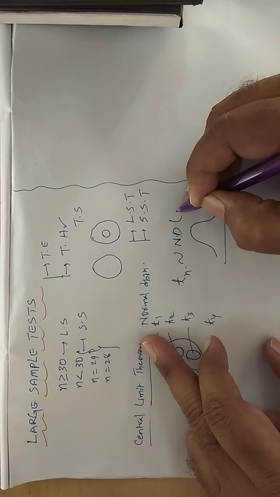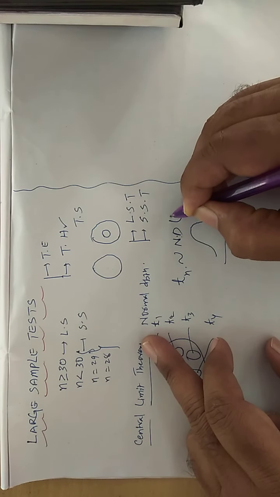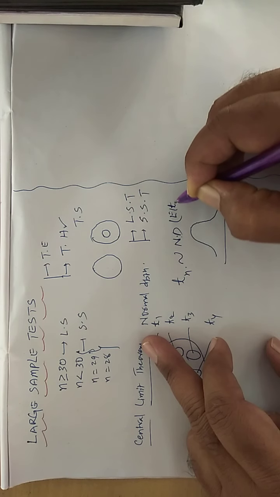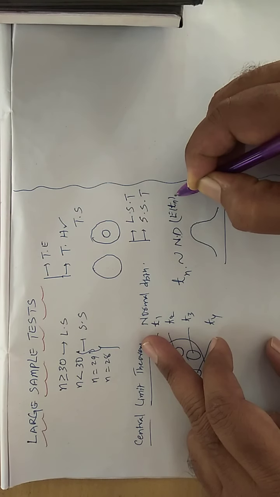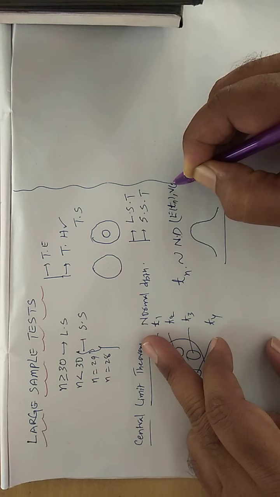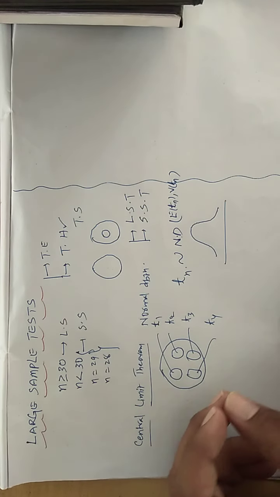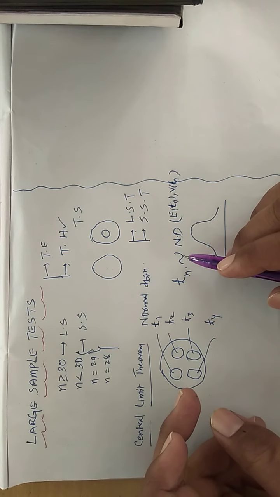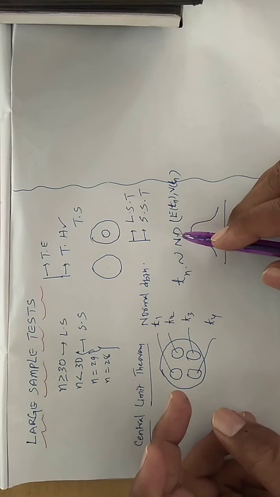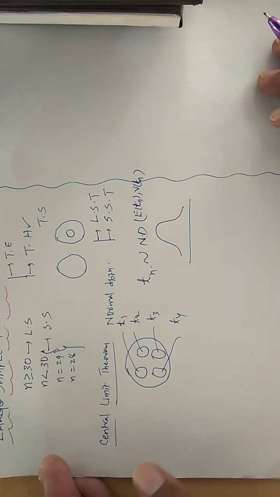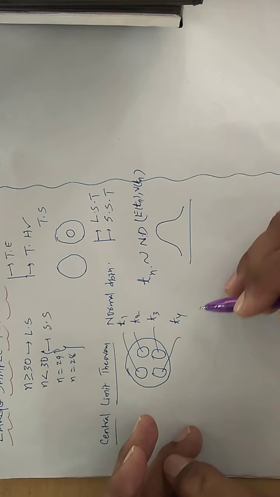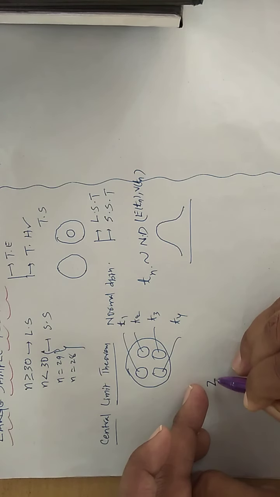Let us suppose that here the mean is the expected value of Tn and the variance is the variance of Tn. Then how to convert any information into a standard normal variate after knowing that it follows the normal distribution? We denote that by Z.